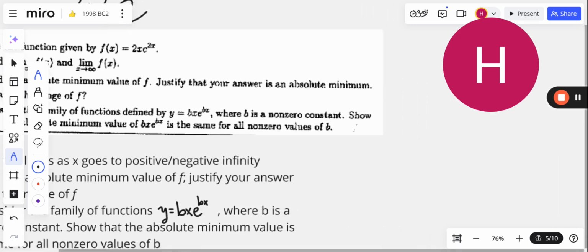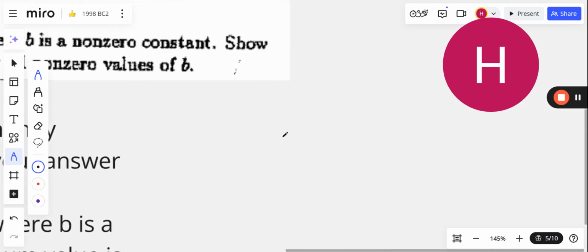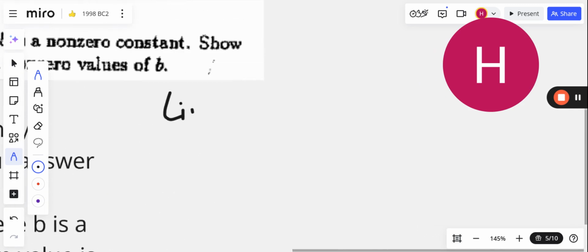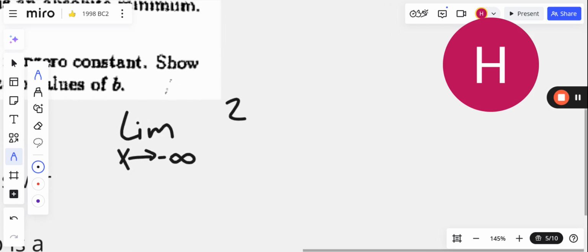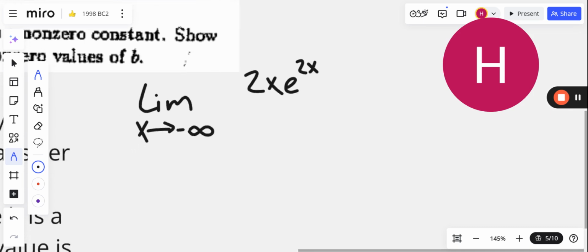Let's imagine what happens as x goes to negative infinity. The limit as x goes to negative infinity of 2x e to the 2x.